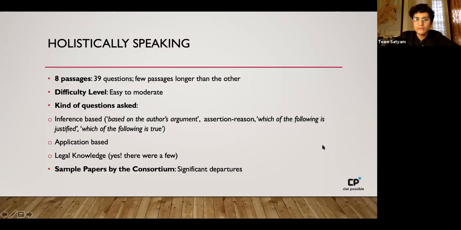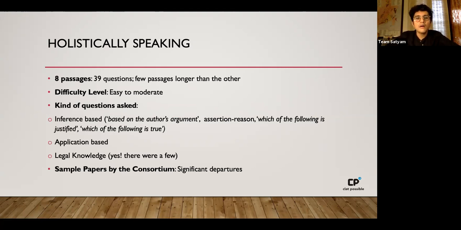Before we go into the paper itself, let's look at an overall picture of the paper. Now, this is common. There were 8 passages, 39 questions. The length of the passages was not uniform. A few passages were longer than the others, but most of them were of equal length.